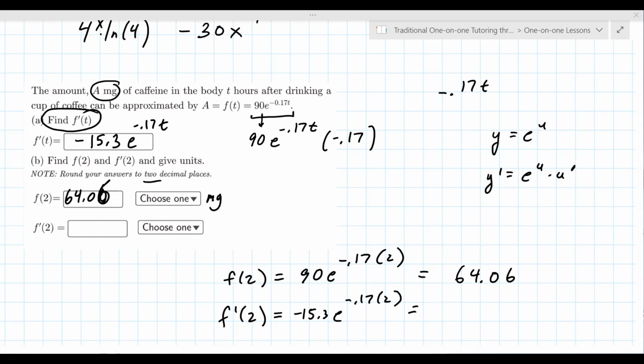And I get negative 10.89. Now the derivative is always a rate. So it's going to be milligrams per... Do you see that there's hours? Yeah, milligrams per hour. Exactly. All right. And that is correct.